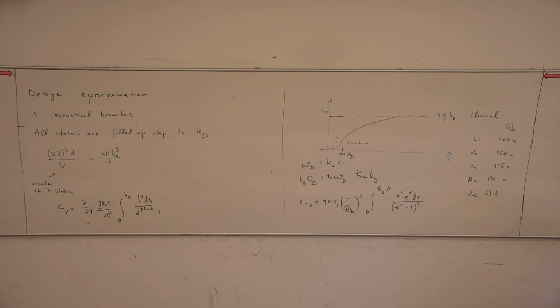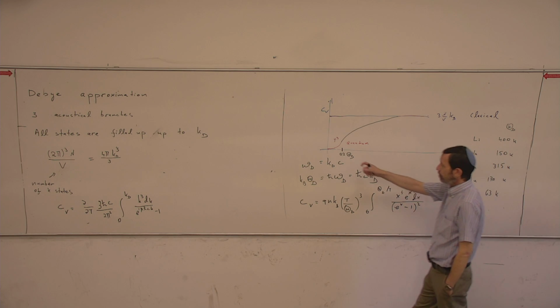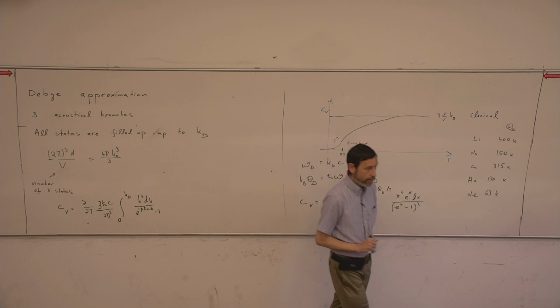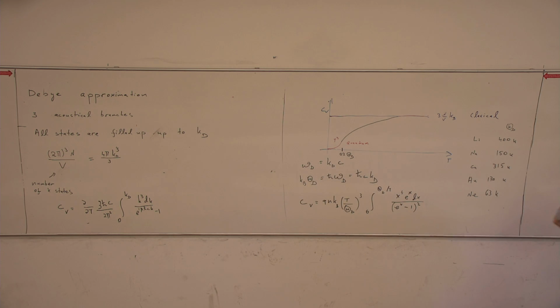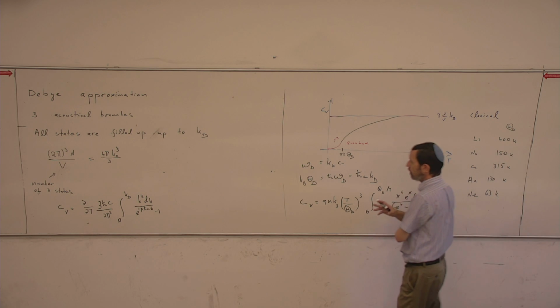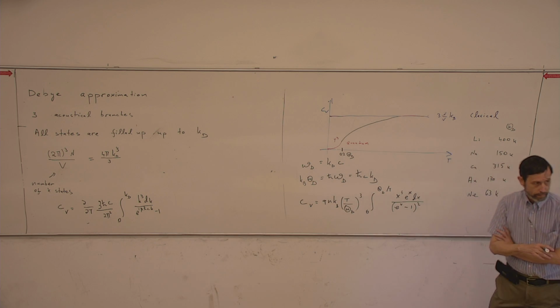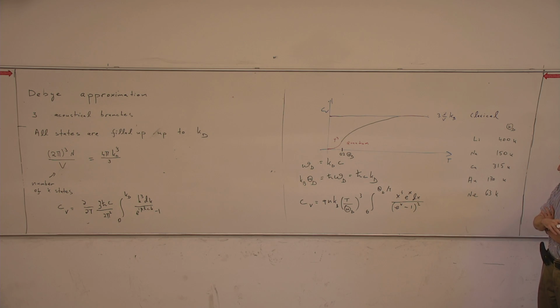So you have to go pretty low in temperature, but not extremely low, in order to see the discrepancy between the quantum and the classical heat capacity. So it's a low temperature phenomenon, but not extremely low temperature. Okay, questions?